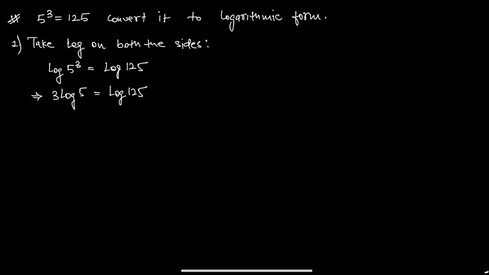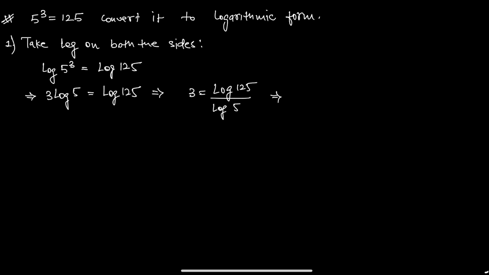You need to understand that when we are writing only log, it means that we have base 10, so base 10 is not required to be written. In the next step, this can be written as 3 equals log 125 over log 5. In the next step, we can write it as 3 equals log 125 with base 5.